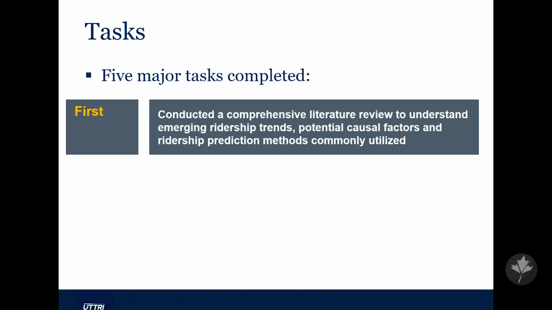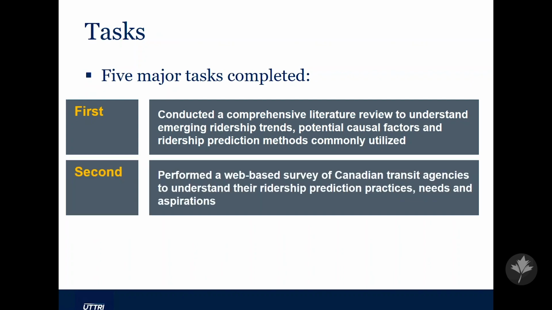Also gain a better understanding of the potential causal factors that affect ridership trends and patterns, and also improve our understanding of the different modeling methods and prediction methods that were used in other contexts to model ridership trends.